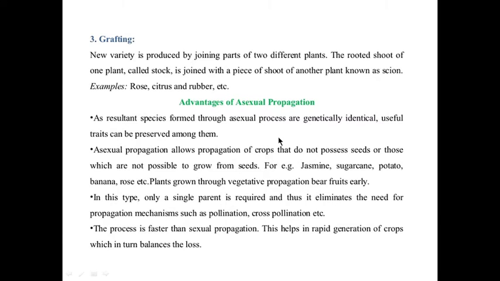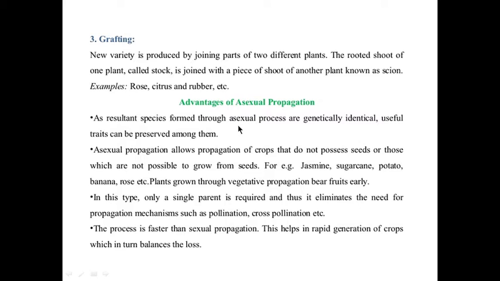After that, the advantages of asexual propagation. The first advantage is that as the resultant species formed through the asexual process are genetically identical, useful traits can be preserved among them.